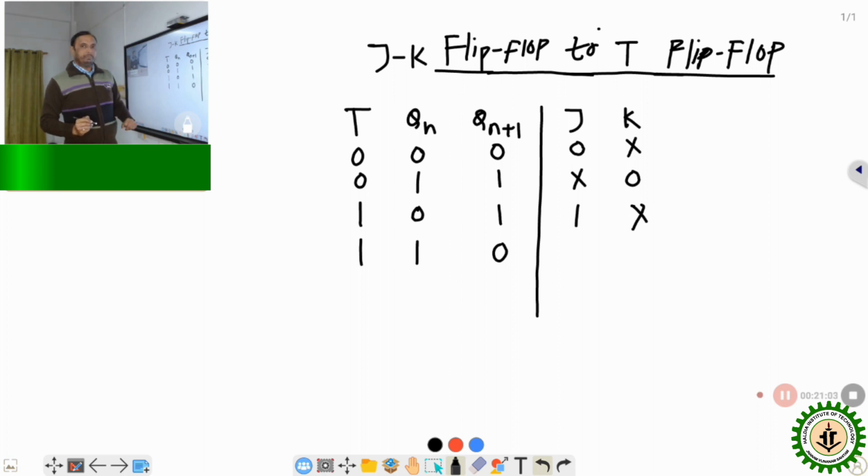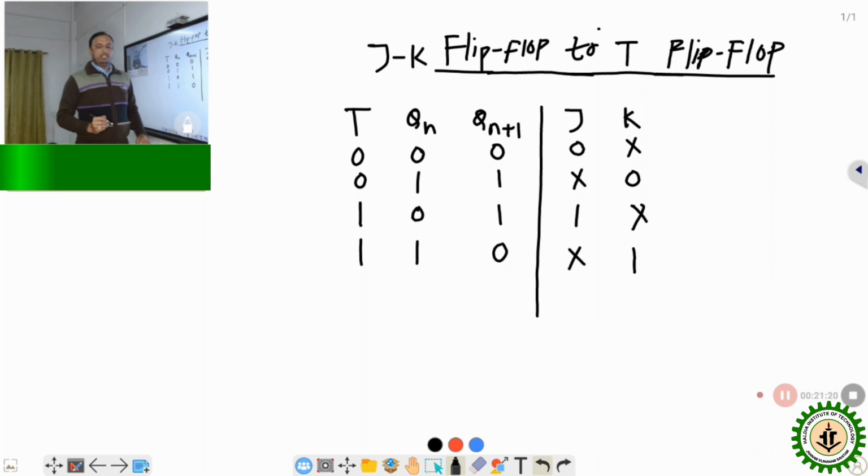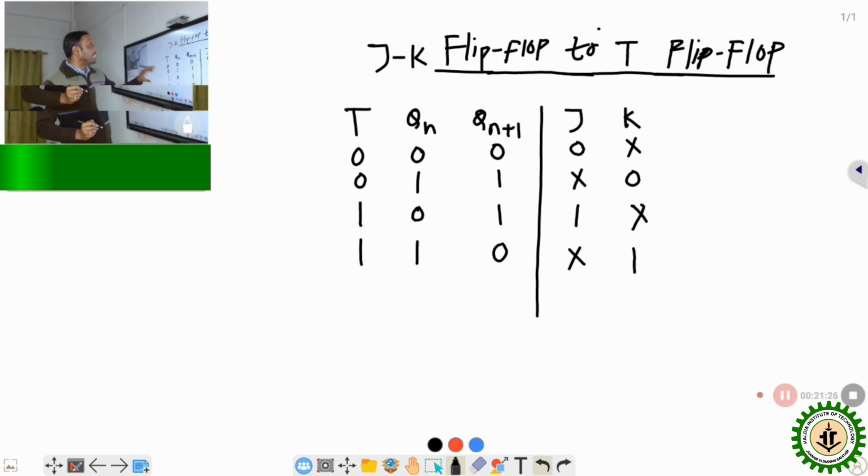So K don't care. 1 0, in which case when J and K both are 1, or for that case J equals to 0, K equals to 1, that means don't care 1. So this is the excitation input of J and K for the characteristics table of T flip-flop.